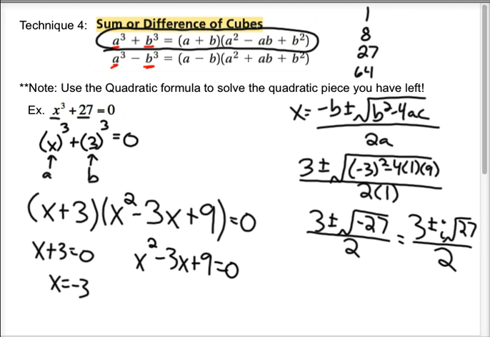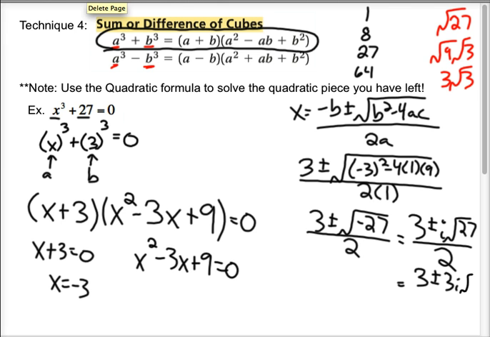So I'm going to do a little scratch work up here. Remember, the square root of 27 is really the square root of 9 times 3. So really, even that ends up simplifying. So we also have to recognize that that is breaking up into a 3 on the outside and then a square root of 3 left on the inside.